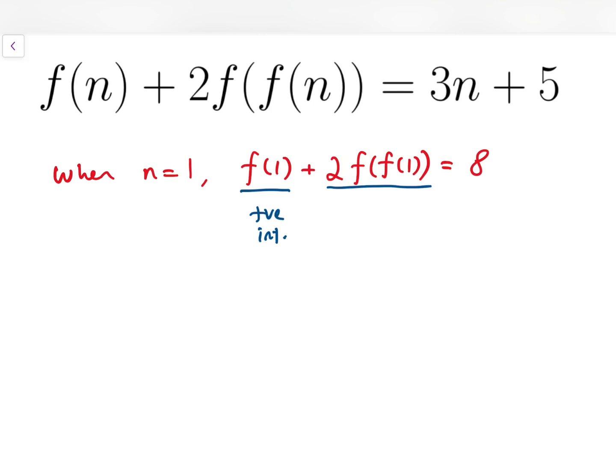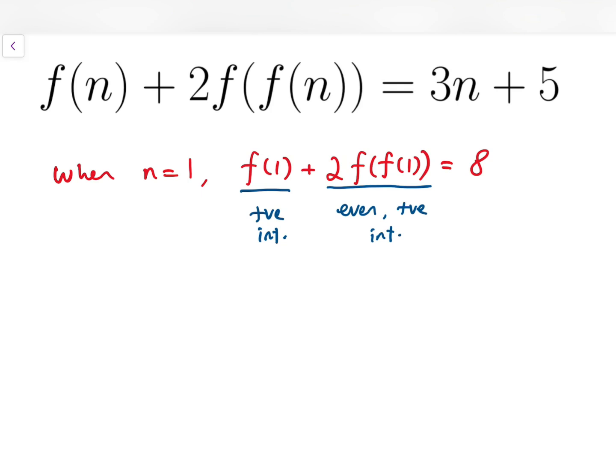At the same time, we know that 2 times f of 1 is not just a positive integer, but it's also an even positive integer. And that means we can start considering values, say 2, 4, and 6, and we can skip some of the even smaller values.